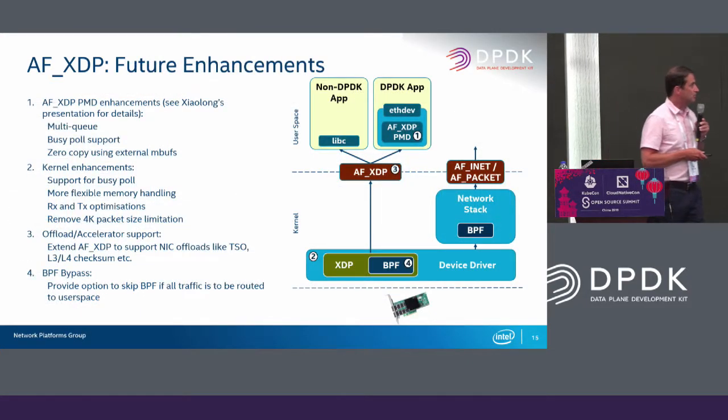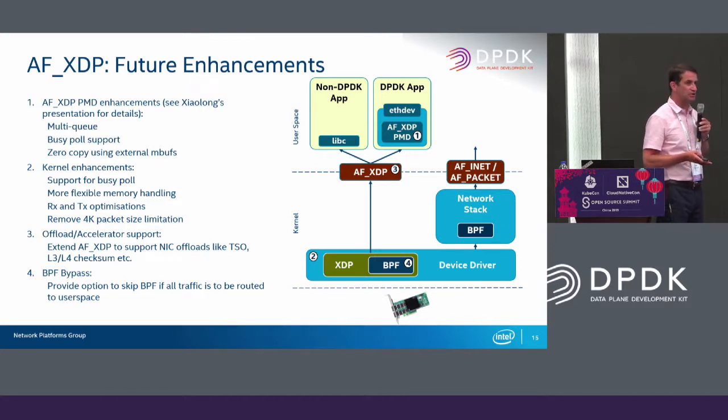And just future enhancements then. Again, Xiaolong's going to talk about the AF_XDP PMD. I'm not going to bother covering that. But we're looking at further optimizations in the kernel. A key thing that we need to look at is support for offloads and accelerators. AF_XDP at the moment, one of the downsides to it is you can't use NIC offloads like TSO.